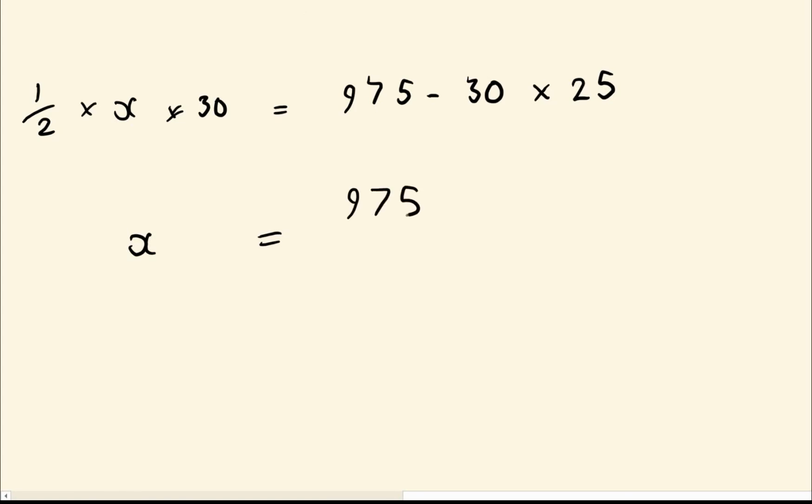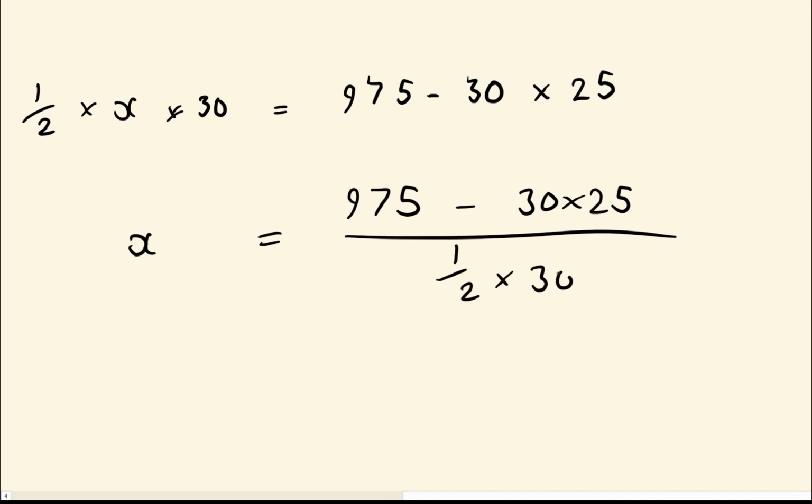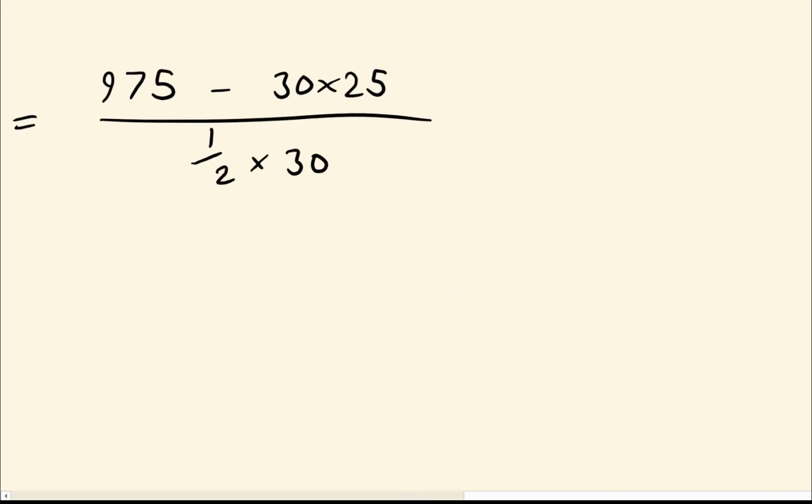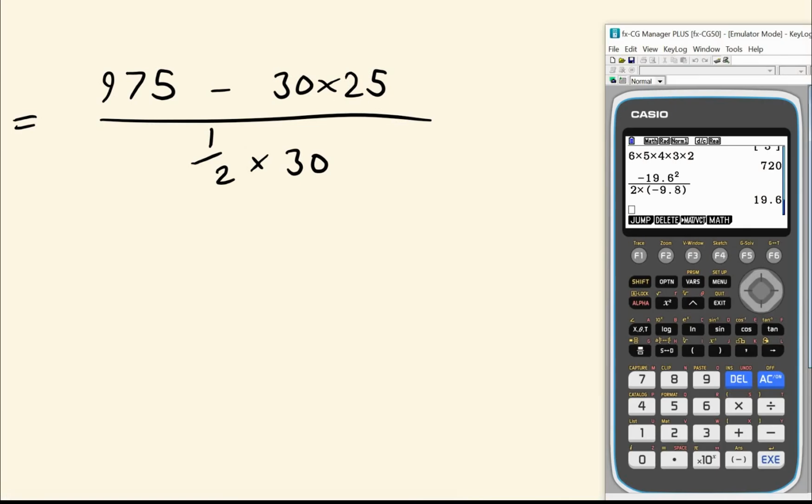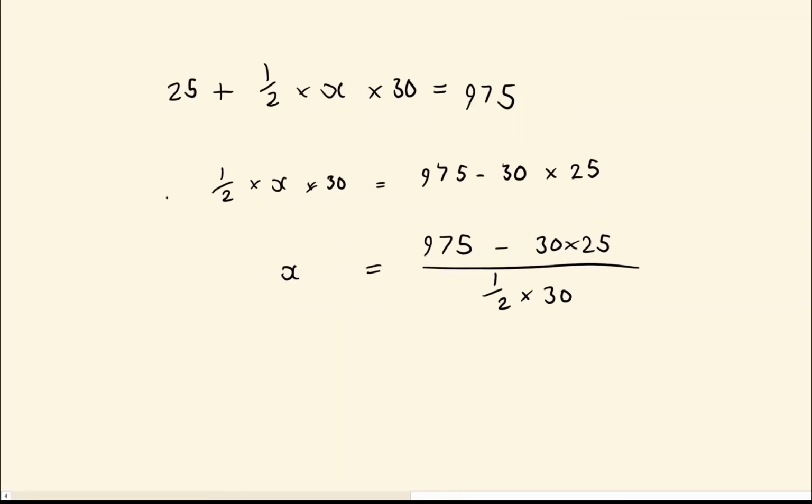So it's 975 minus 30 times 25, all divided by everything here that's not x, so a half times 30. Again, we can go to our calculator and work that out. So 975 minus 30 times 25, all divided by 15, a half times 30, which gives me 15 seconds.